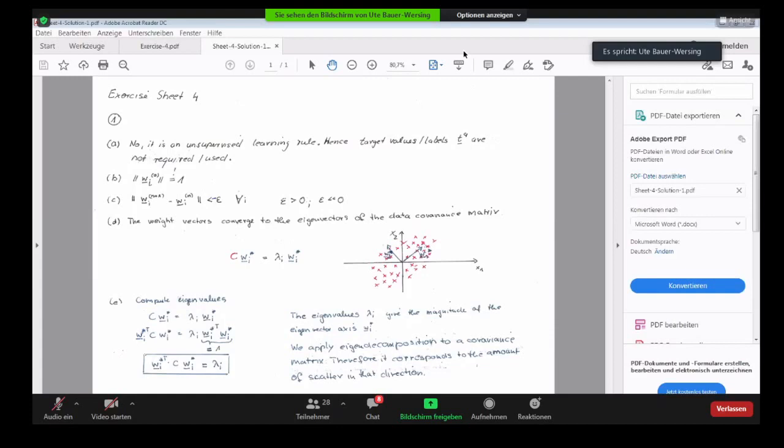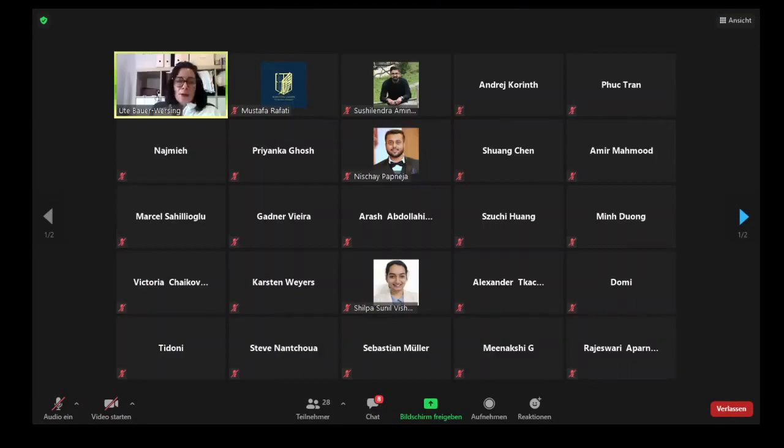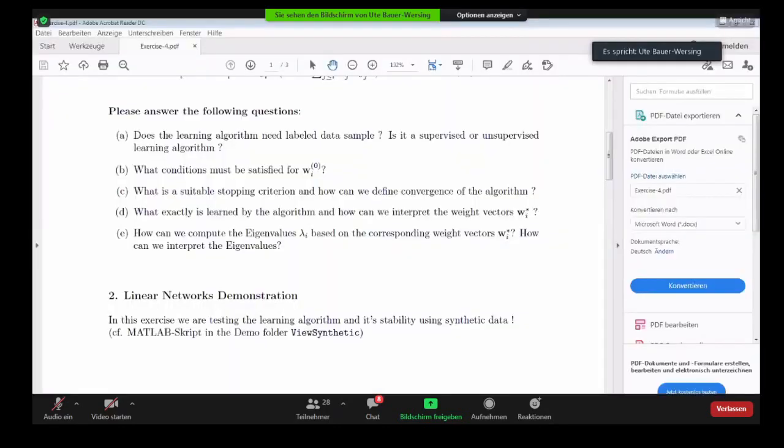We've done the simulation and we looked at how this learning behaves with the synthetic data. There is a second task, and that's nothing you're supposed to program. That's something we want to look at right now.